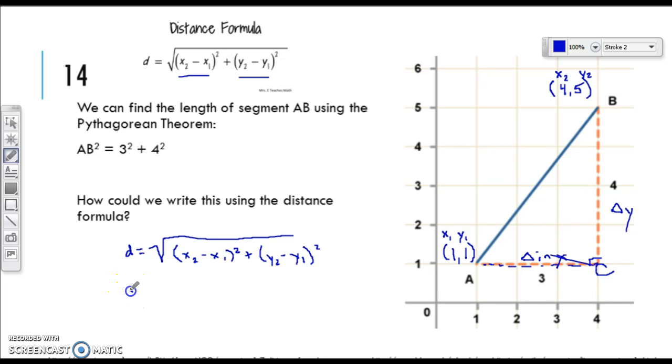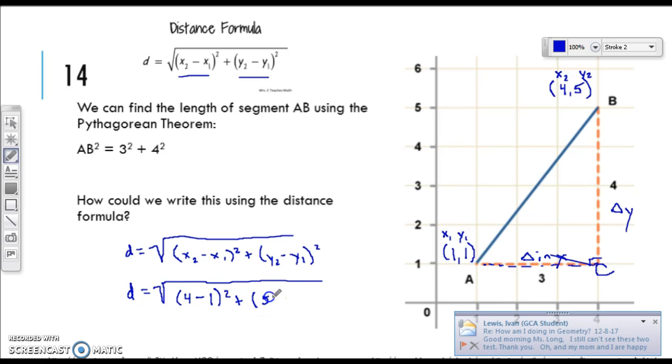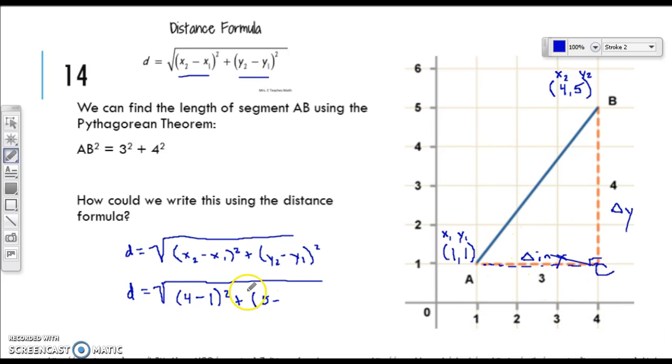All right, so now I'm going to go ahead and put in those values. All right, here x2 is 4, x1 is 1, y2 is 5, y1 is, let's see here, y1 is 1.